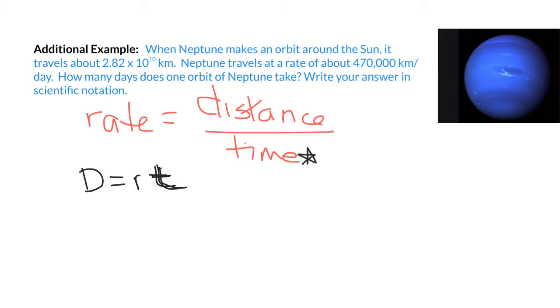This is the one we're going to keep. So we need our distance. So which one of these numbers is the distance? Well, this says rate, so this is going to be my rate. This is going to be my distance. How far it traveled, that's my distance. So this number is going to be my distance.